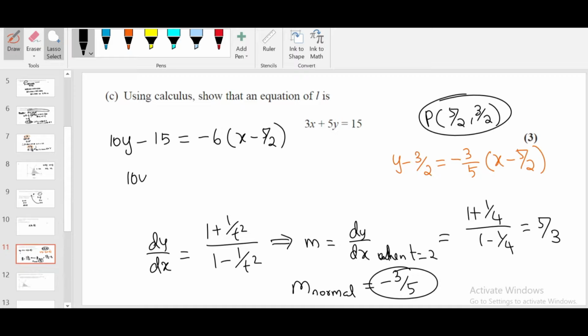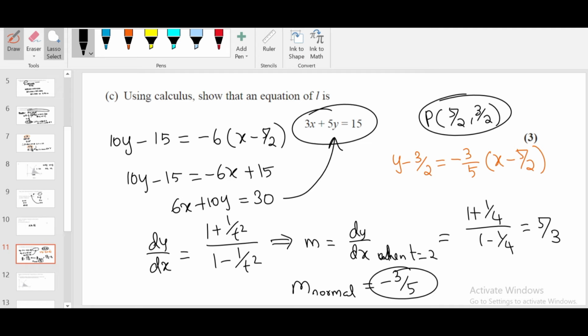So 10y minus 15 is minus 6x plus 15. You can put everything one side, you will get 6x plus 10y is equal to 30. Divide everything by 2, you will get this. That's all. It's an easy 3-mark question, finding the equation of the normal.